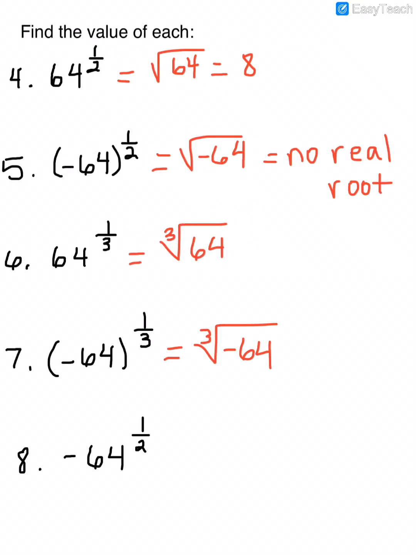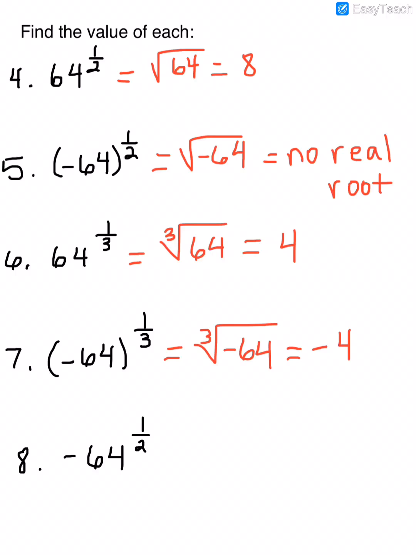We need to find the value of the cube root of 64, and the cube root of 64 is 4. For number 7, the cube root of negative 64 would be negative 4. Because remember, we can take an odd root of a negative number. If I multiply negative 4 times negative 4, I get a positive 16, and then positive 16 times negative 4 would give me a negative 64.